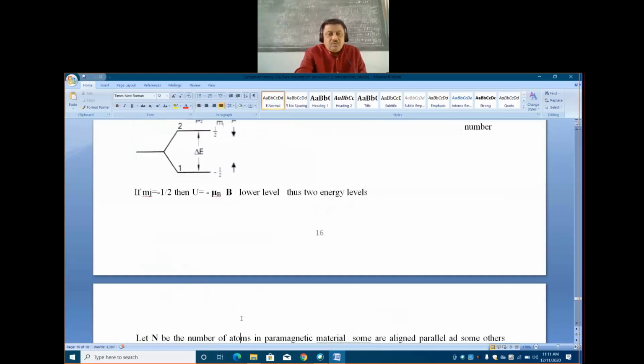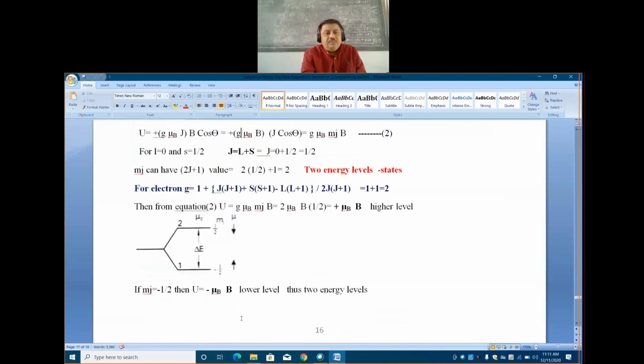Now, you can look at the splitting equation for electron. G is equal to 1 plus, this is a flower bracket from here to here.